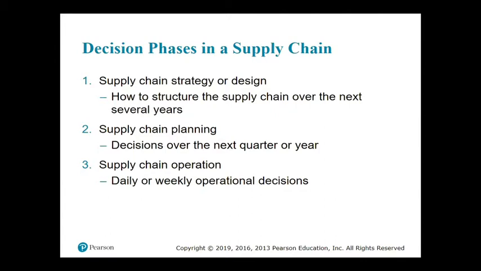And in the intermediate term, we have the supply chain planning decisions, which basically is to operate under the overall supply chain strategy and set the overall policy for making day-to-day supply chain operation decisions. And this is usually in a time frame of several months to a year.